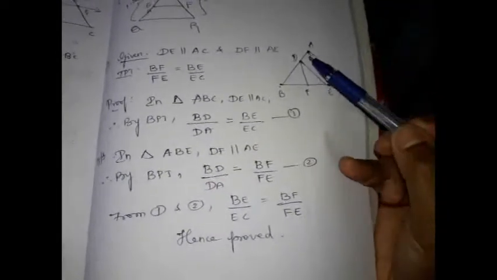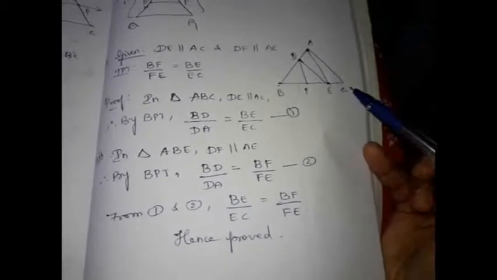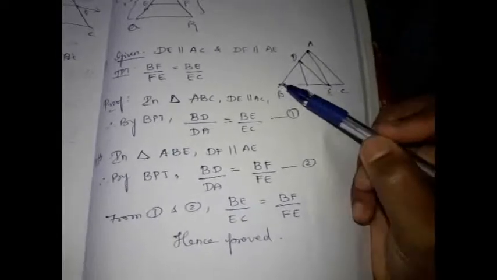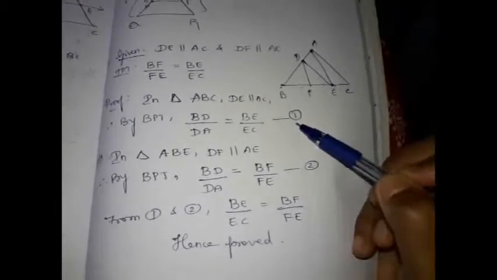Now if you take triangle ABC, DE is parallel to AC. What can we write by the basic proportionality theorem? BD by DA equals BE by EC, right? So mark this as 1. Similarly, it is given DF is parallel to AE.